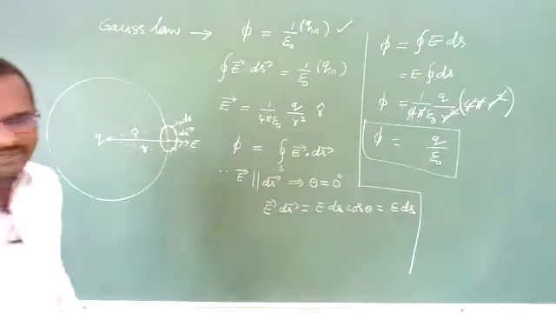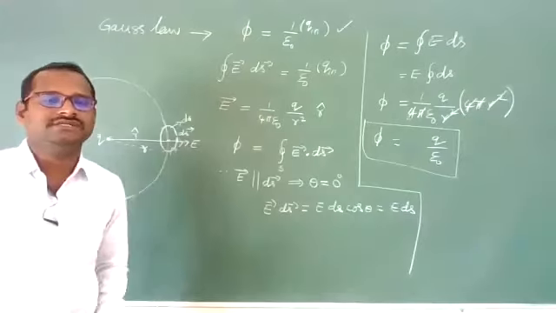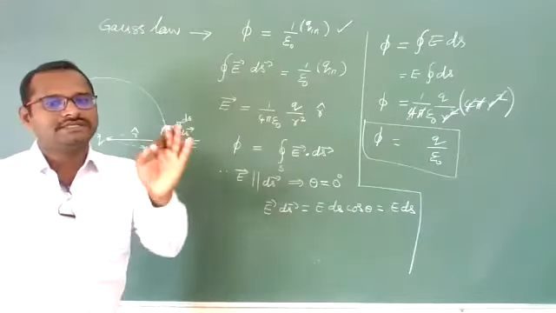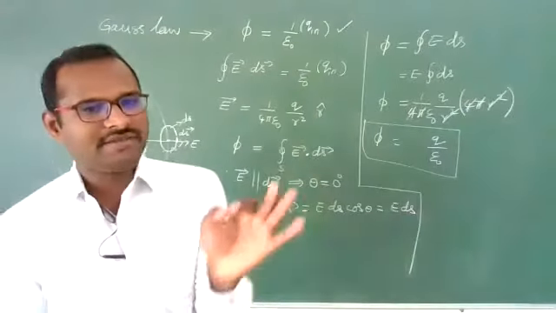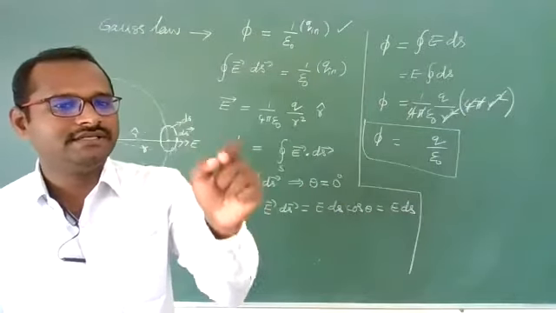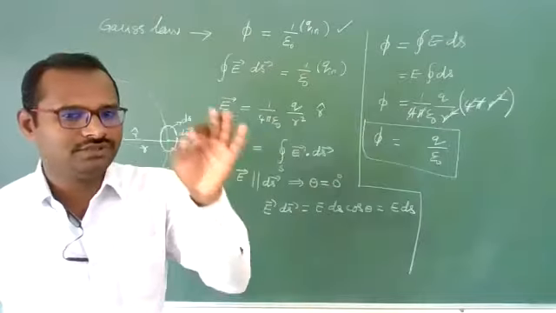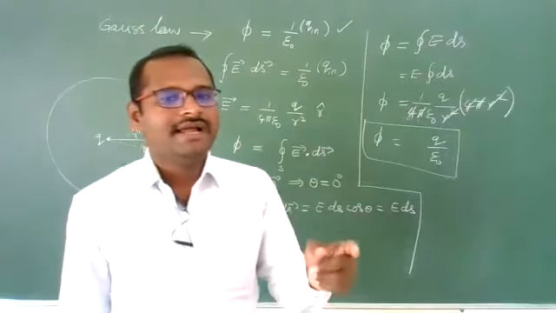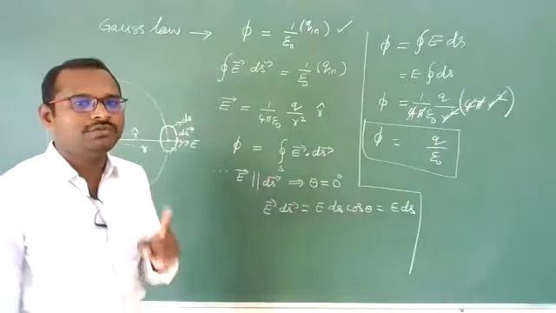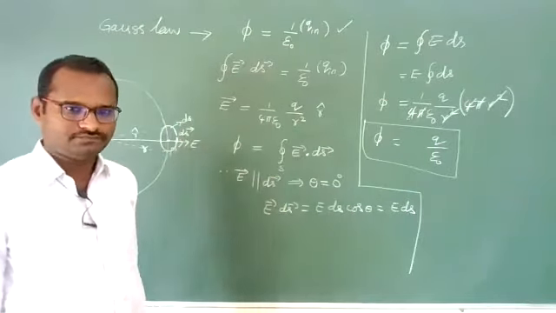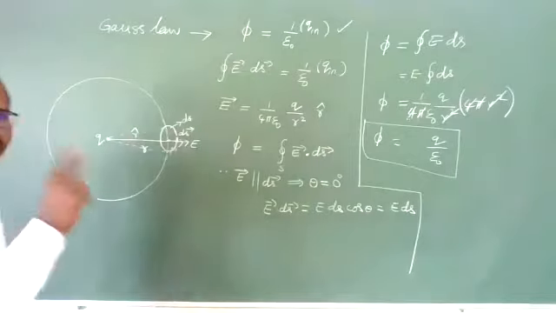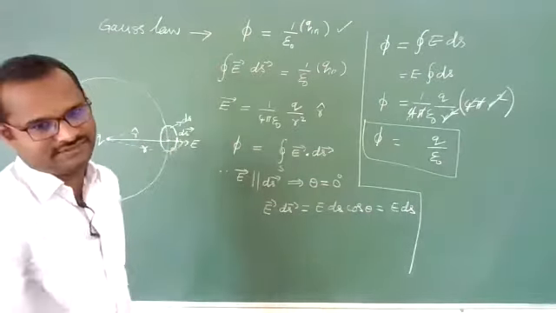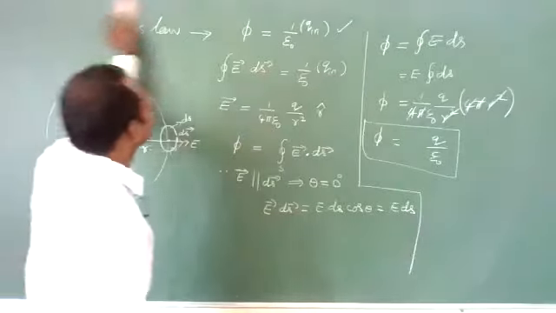But the important point while considering the Gaussian surface to get the required electric field is that you need to consider a Gaussian surface in such a manner that the electric field at each and every point on that surface should be equal in magnitude, and the direction of electric field and the ds vector should both be in parallel direction. So these 2 points you need to keep in mind while taking a Gaussian surface. Clear? Yes.